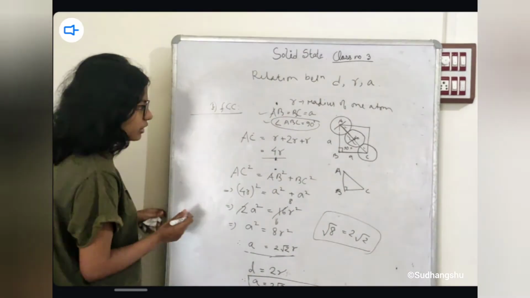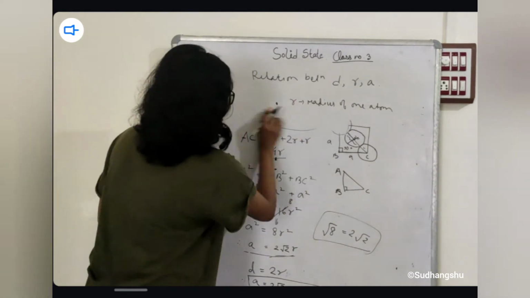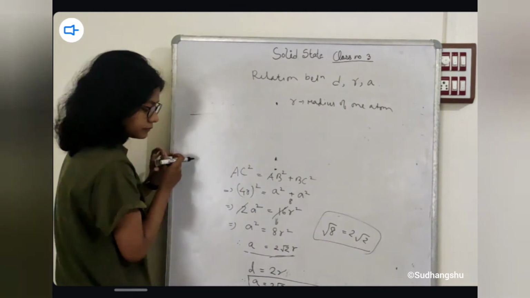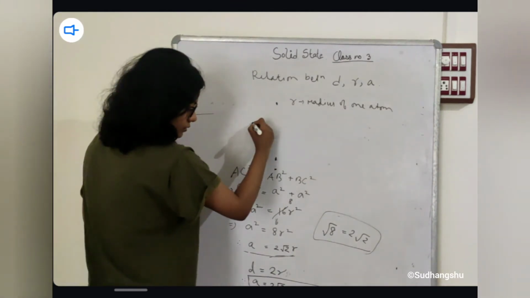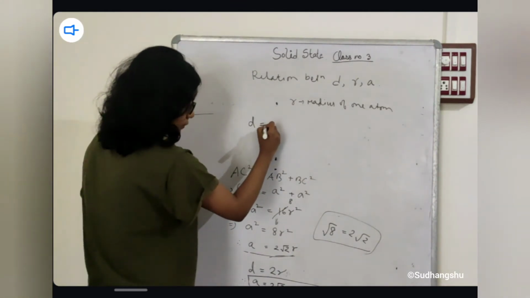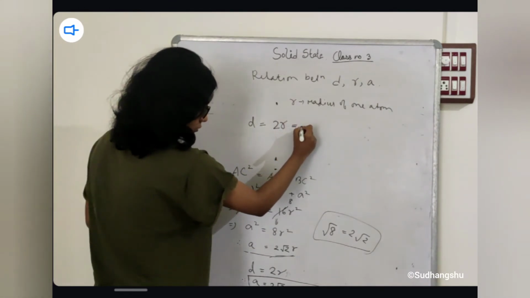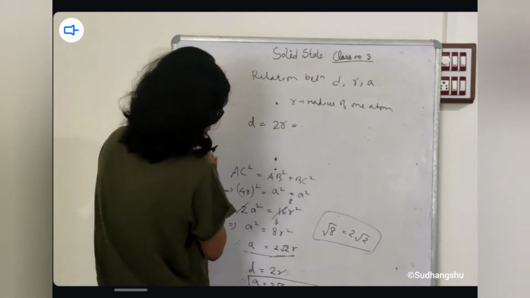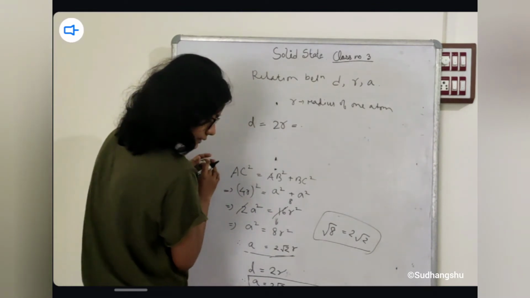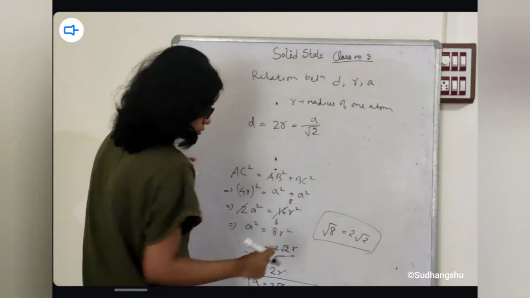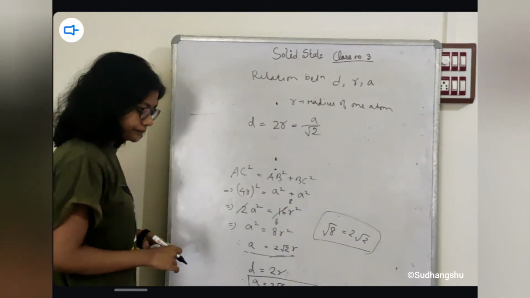So the relation can be written as d is equal to 2r is equal to, or how it is written, a by root 2. Okay?